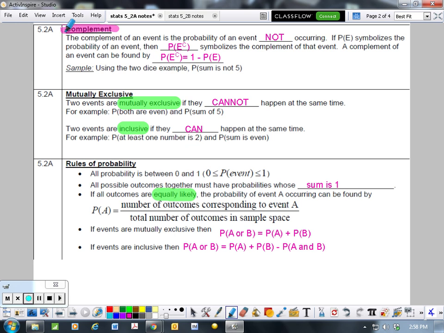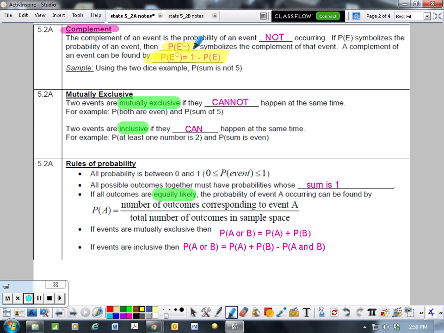So if I need to know the probability of an event not occurring, I can take 1 and subtract the probability of the event occurring. That is this formula right here. The complement is labeled as whatever the event is with a little c up top, a superscript, because it's saying I don't want this happening. So the event and then the little c means not occurring.